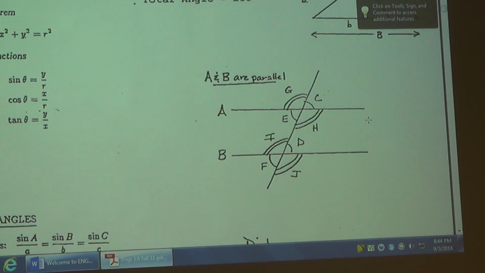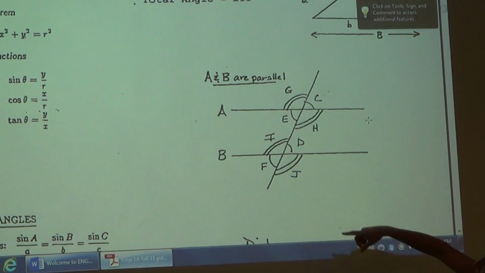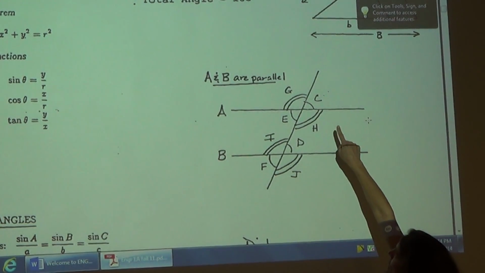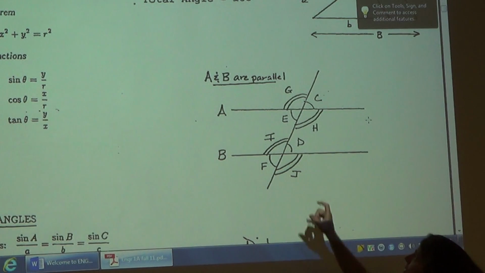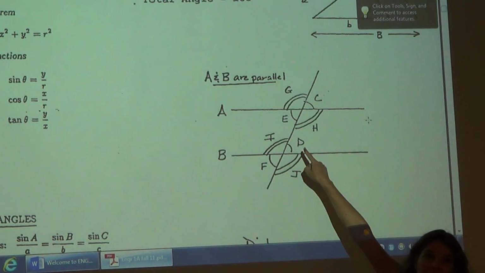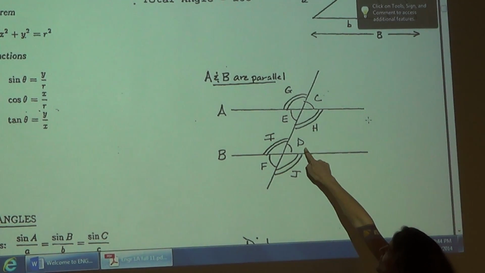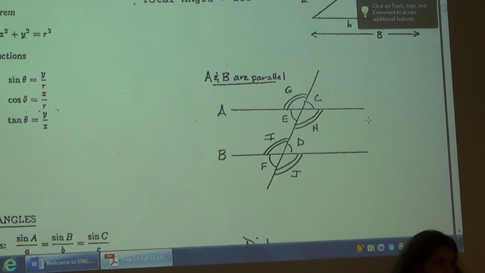I need to learn. Okay, so here we have two lines, A and B, and they're parallel, and then we have this line coming through them. See how angles C and E and D and F are all the same? Do you remember the names of these? C and E are vertical angles, D and F are vertical, I and J are vertical.